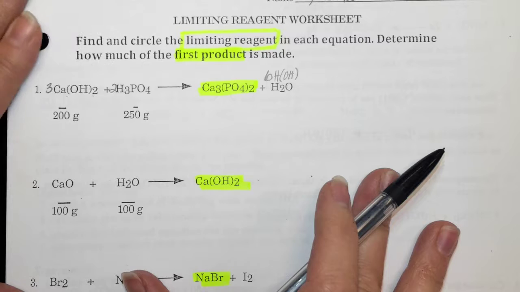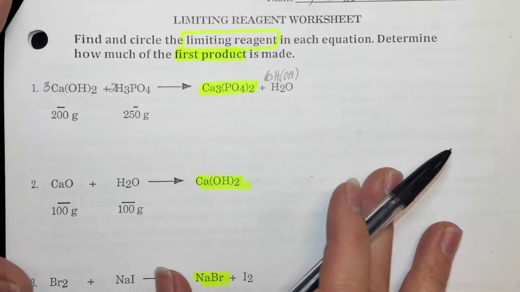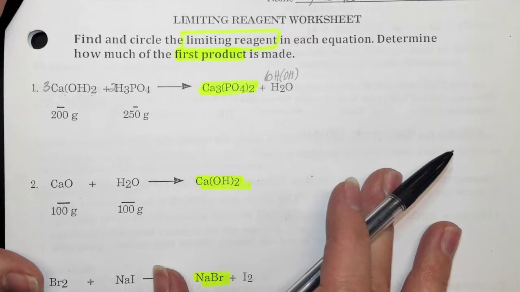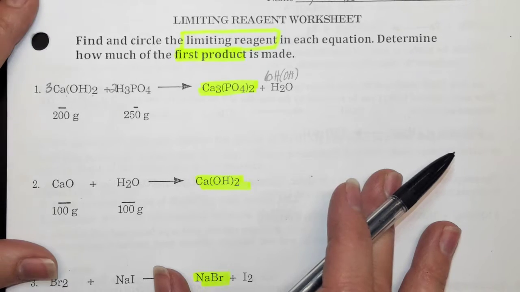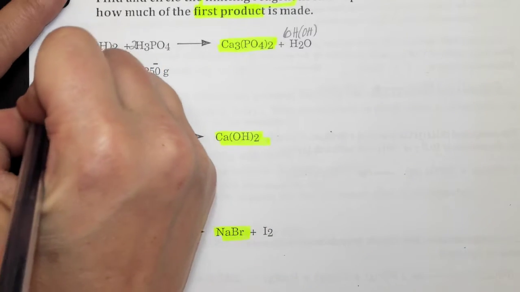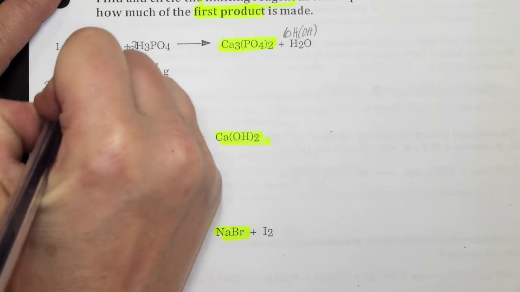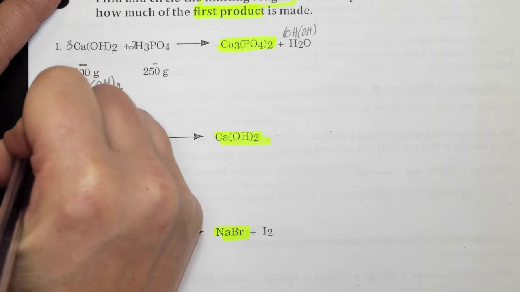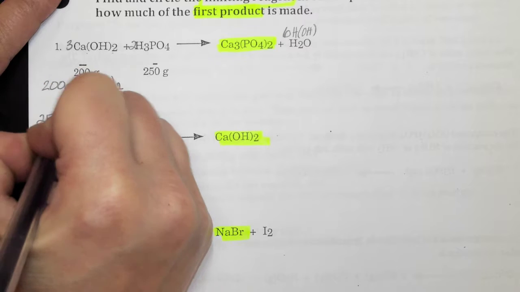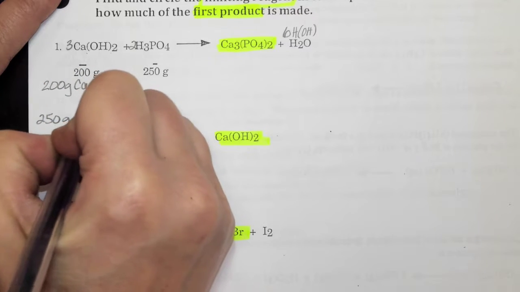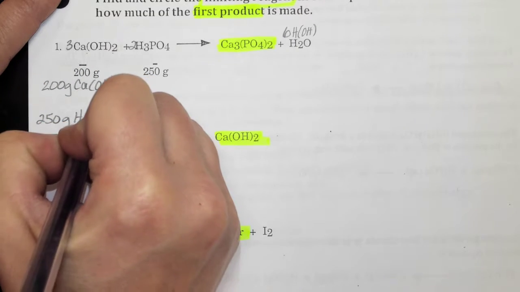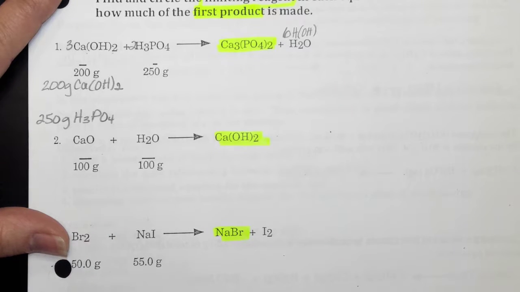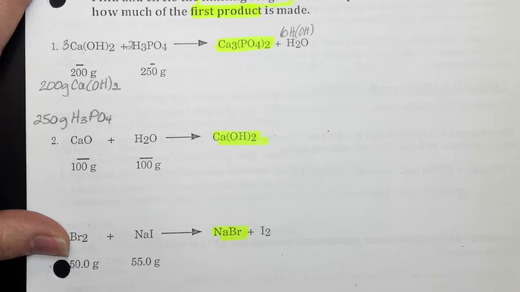Okay. So the first thing I have to do is find out which one I run out of first, calcium hydroxide or H3PO4. So I'm going to make 2 train tracks, 200 grams of CaOH2 and 250 grams of H3PO4. And my first step is going to be to convert from grams into what?